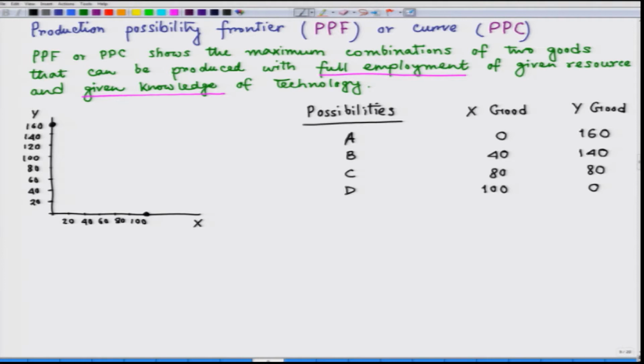Let us also plot the other possibilities B and C. So, for point B we have 40 and then 140. So, we are talking about a point somewhere here. Then the possibility C is basically 80 and 80. So, somewhere here is point C.